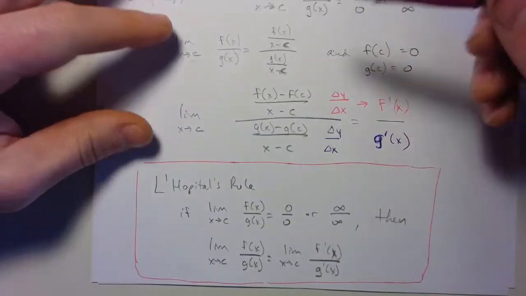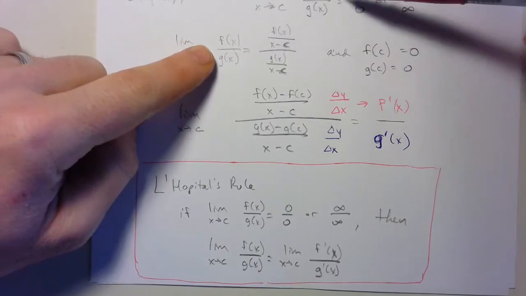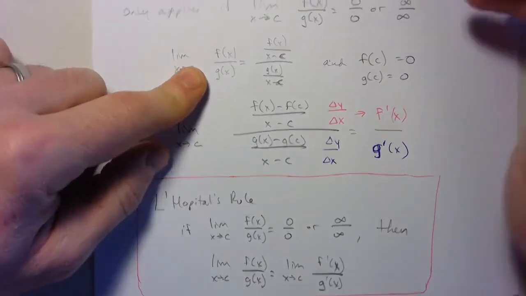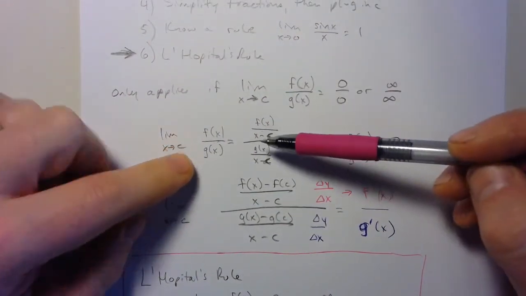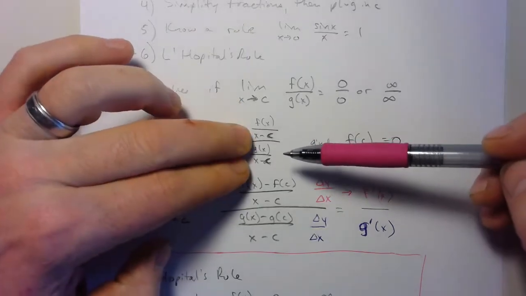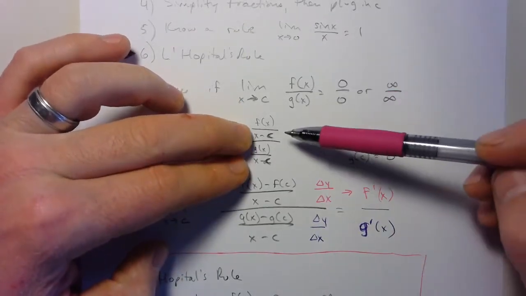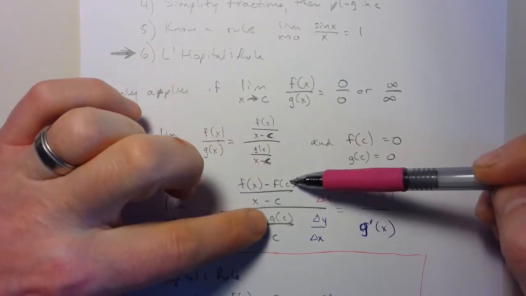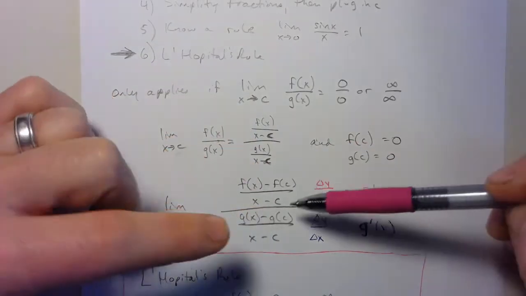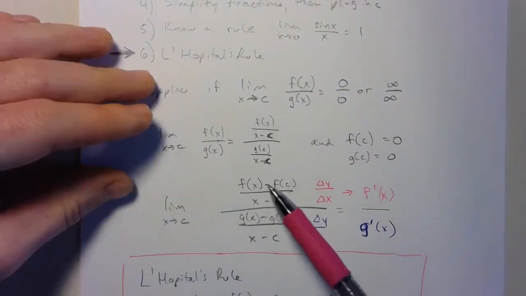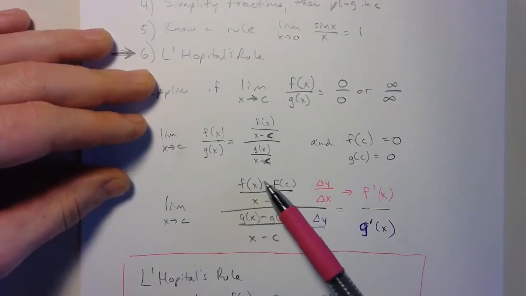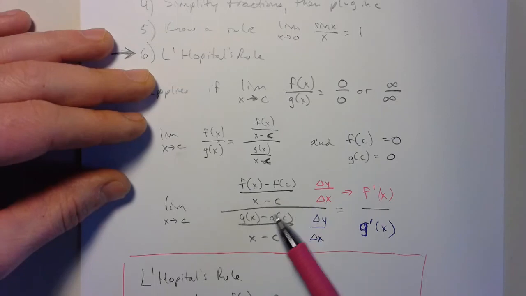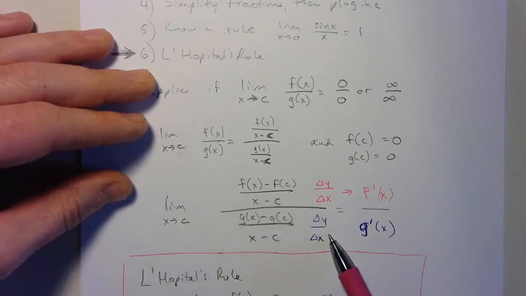This is true because, again, we knew that it was 0 over 0. We had that condition at the beginning. We took f of x and g of x, and we divided them by the same thing. Fractions are the same if you divide both the numerator and denominator by the same thing, you haven't changed anything. Then we subtracted 0 from the top and the bottom. Didn't change anything. We looked at this and said, hey, this is the change in the y's, that's the change in the x's.